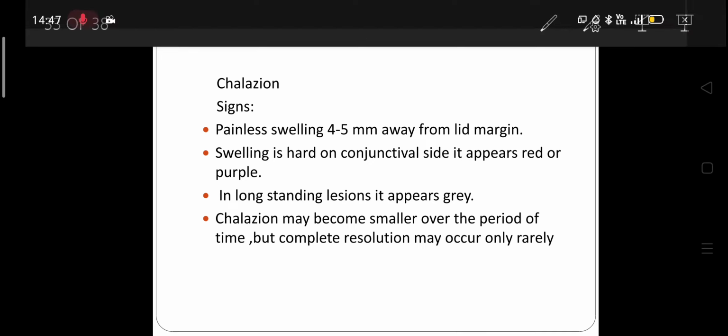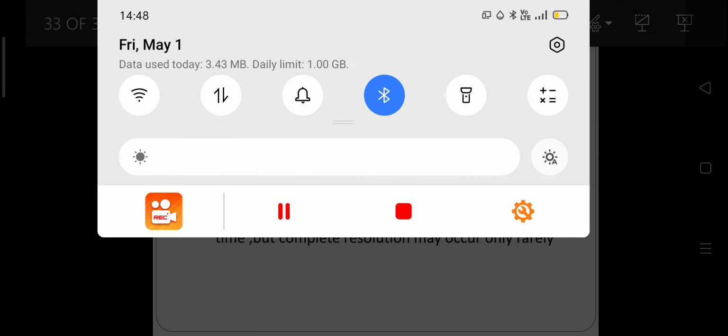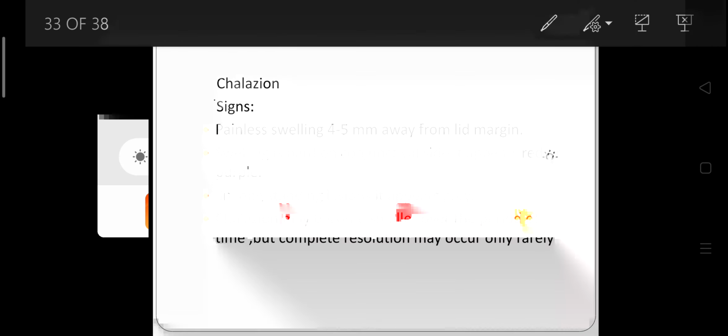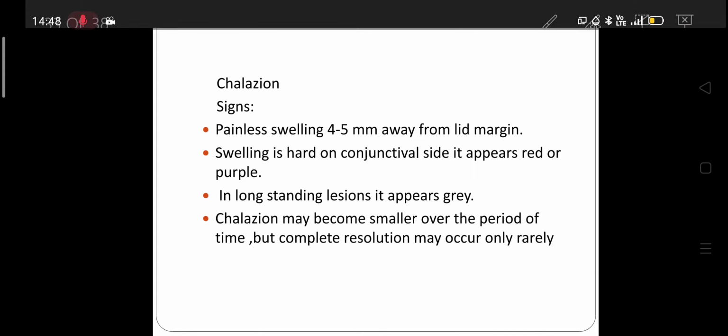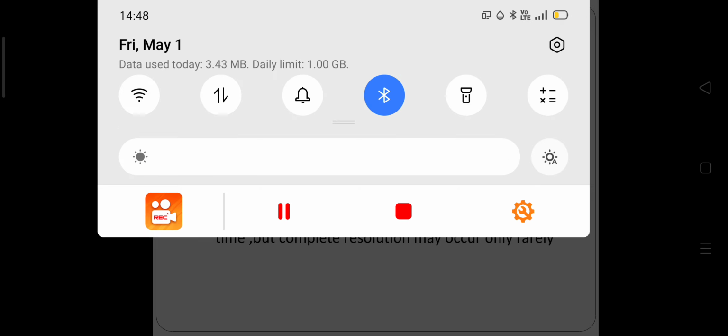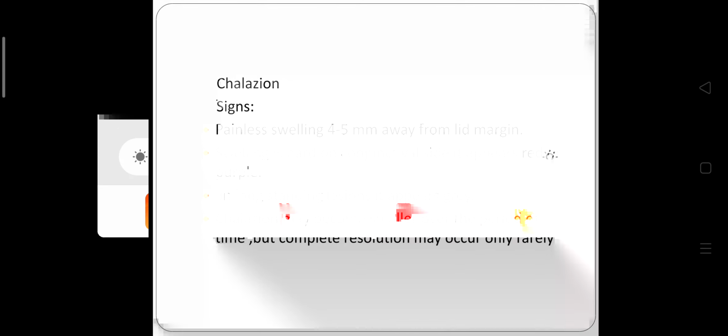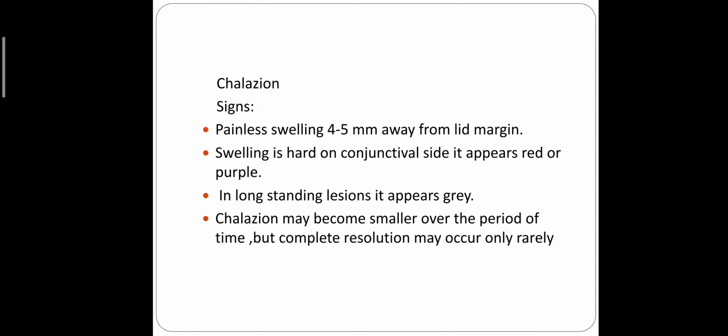Blepharitis is one of the important risk factors, and especially for chalazion, acne rosacea or seborrhea, or rarely some chronic infective causes. So the predisposing factors you need to remember are chronic blepharitis, seborrhea, and acne rosacea.